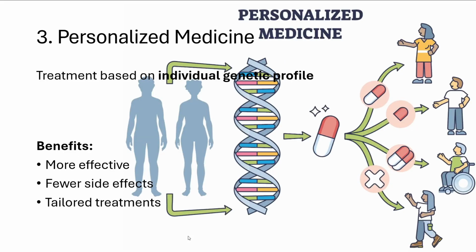Next, personalized medicine. So this treatment is based on the individual genetic profile. Kay for example, if duna kay usa ka tawo nga sakit sa heart, dili ka mo pasabot nga pareha sila ni sakit sa heart, pareha na kag tambal ihatag. No, it's a case to case basis kay each individual has their genetic profile nga specific sa ilang sakit, unya ang usa kay type 1 diabetes, ang usa kay type 2.